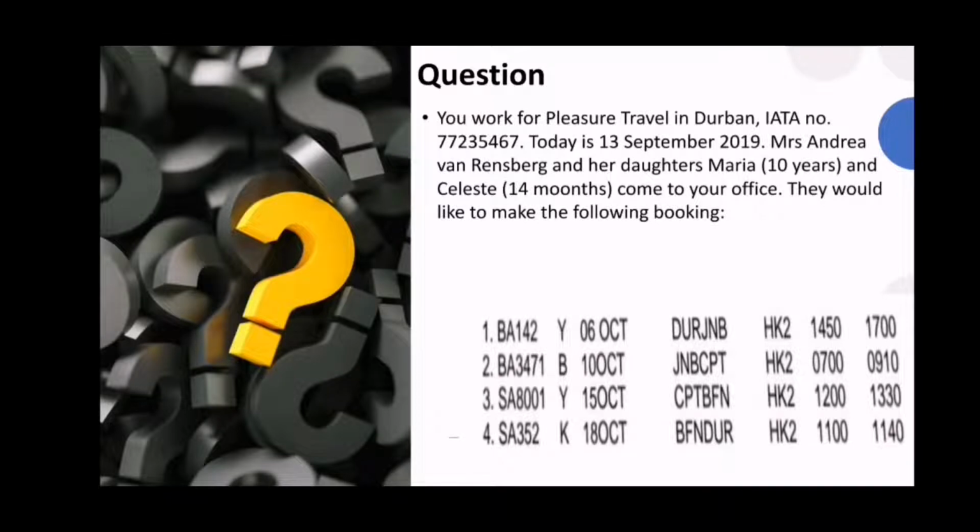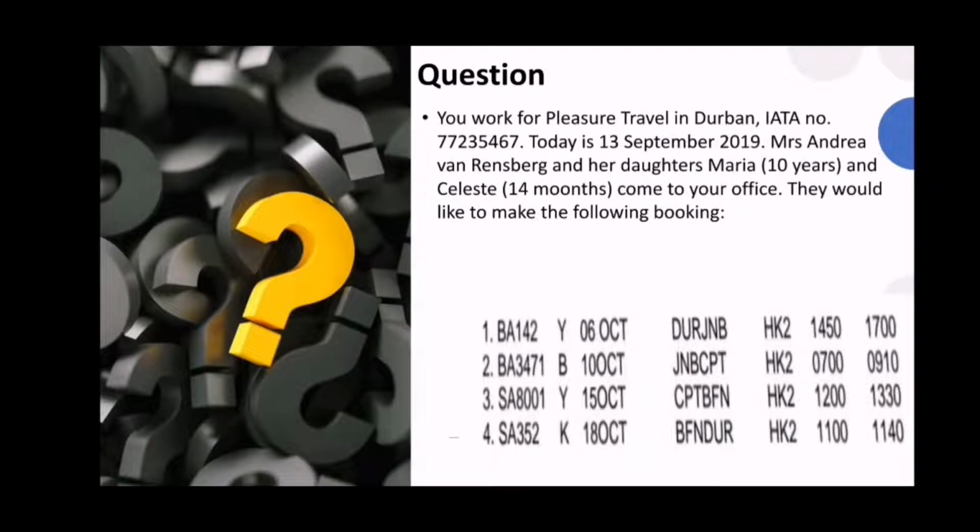With international fare calculation or domestic fare calculation, you will usually be given a scenario like the one you are given in this slide. The scenario says you work for Pleasure Travel in Durban, IATA number 77235467.